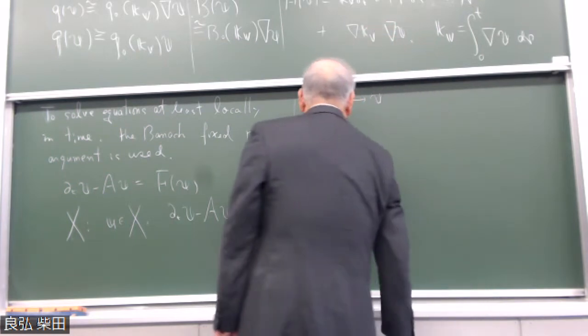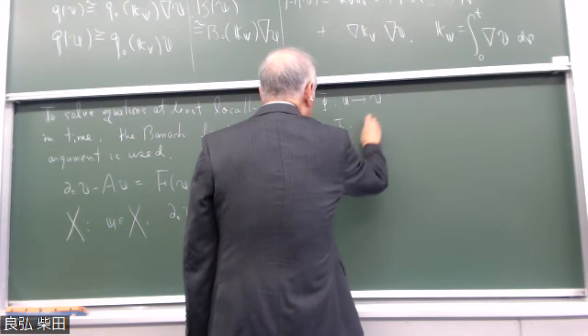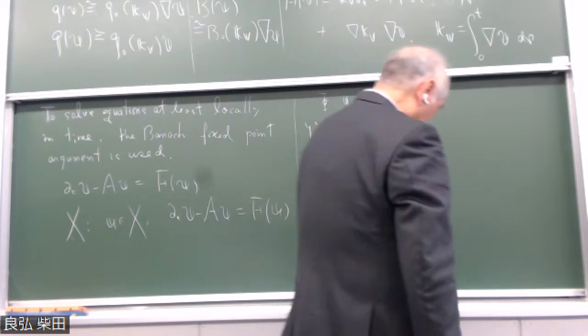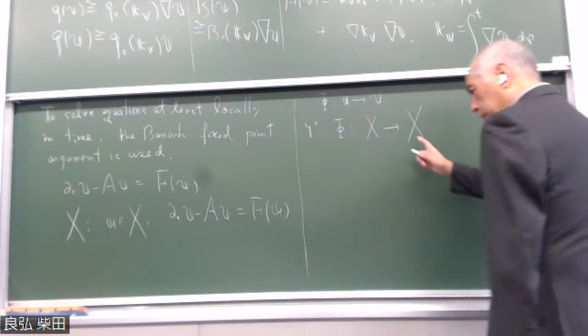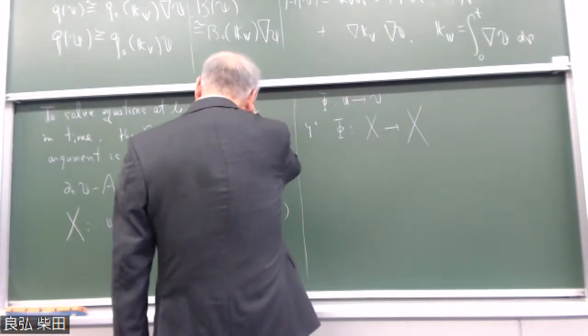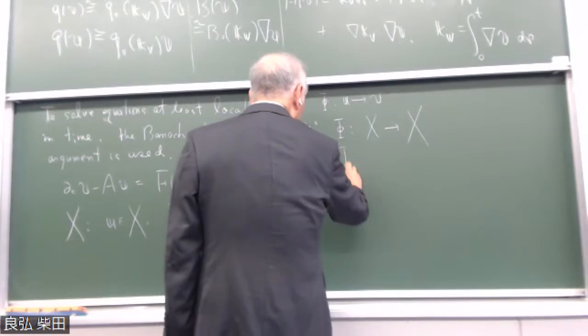And then what you have to prove is, first, Phi is defined on X and maps into X.